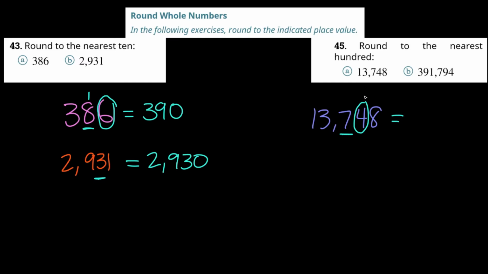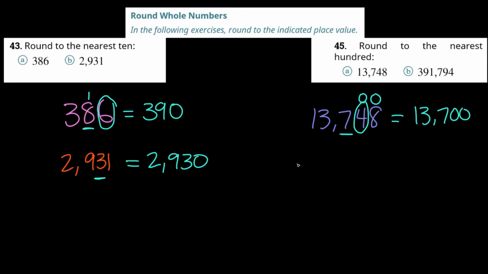Because we're rounding down, we want to change all of the digits after the underline to 0. And we're not adding anything here. We have 13,700. So this number rounded to the nearest 100 is 13,700.